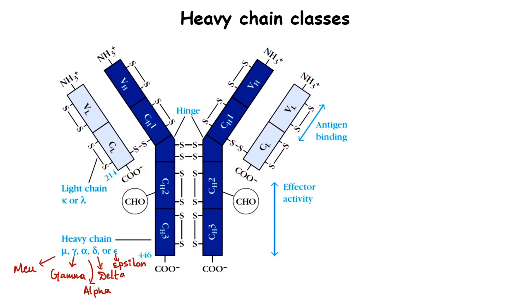On the basis of the presence of these heavy chain classes, the immunoglobulin has been divided into 5 different categories. Those immunoglobulin in which the mu heavy chain class is present are known as IgM.